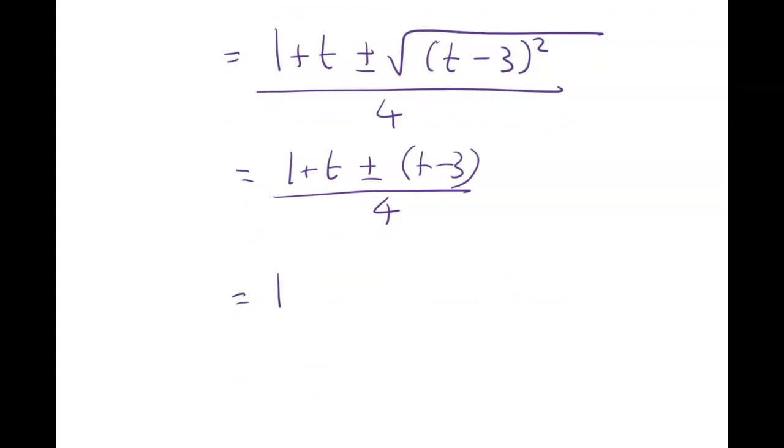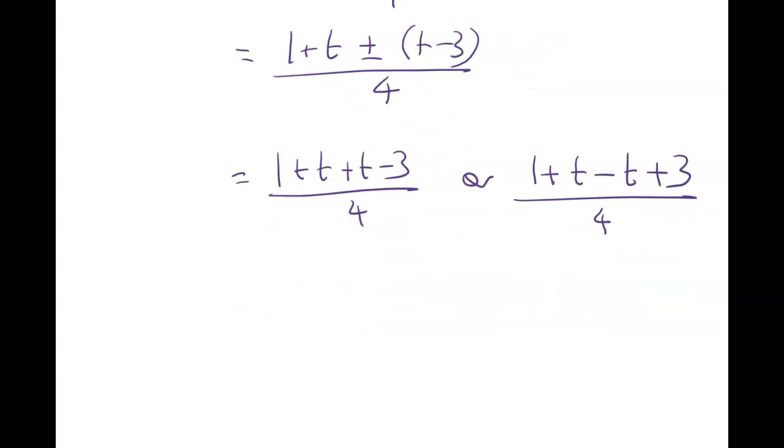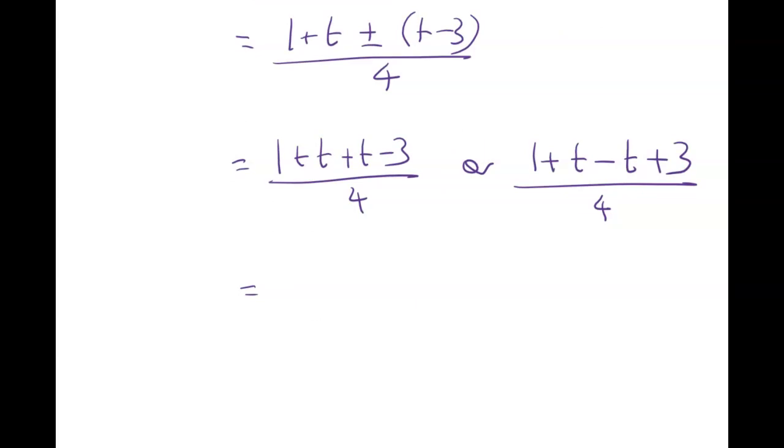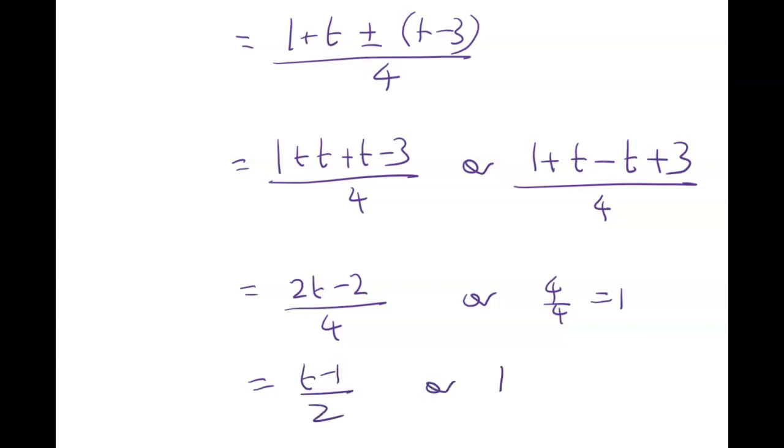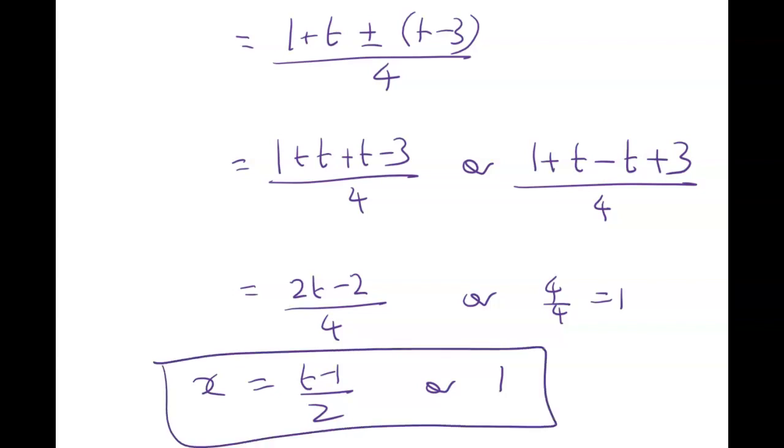So working those out in turn, I get 1 plus t minus t plus 3 over 4, or 1 plus t minus 3 over 4, which gives me what? Let's see, 2t minus 2 over 4, or this is nice, I get 4 over 4, which equals 1. So this one here will be t minus 1 over 2, or 1. So those are my two solutions for x.